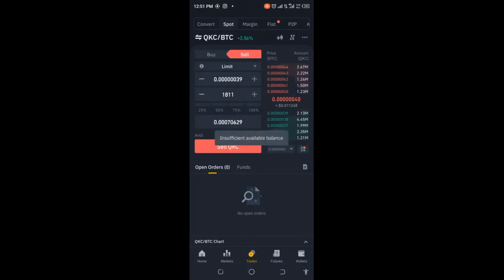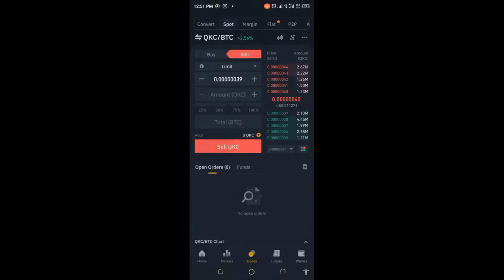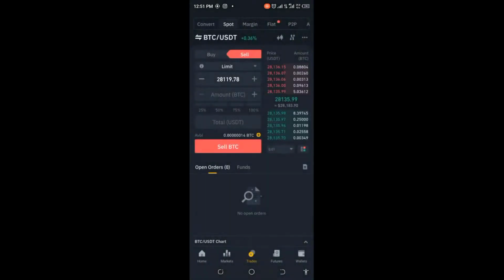What do I get? Oh, now this is where you really have to be careful. So let's cut that and do the BTC USDT. This one is not going to take time. Let's just put that there and see. Oh, yeah. Can you see that? We ain't going to make any profit here. If we go ahead and do market order all through, we're going to lose 32 cents. So I'm not going to do that, right?